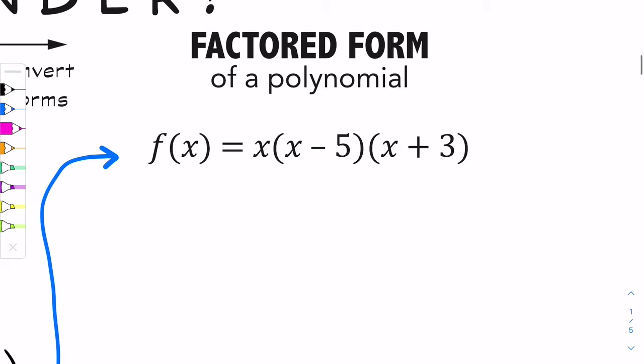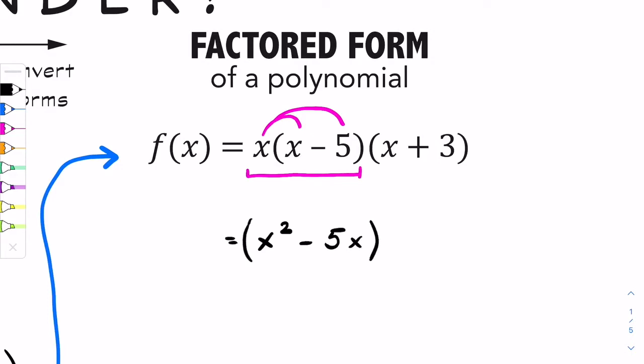I'm going to start with multiplying these two factors together. So I'm going to distribute my value of x to both terms in the first set of parentheses. This gives me the expression of x squared minus 5x. I'm going to put parentheses around this because I am still multiplying it by that last factor of x plus 3.